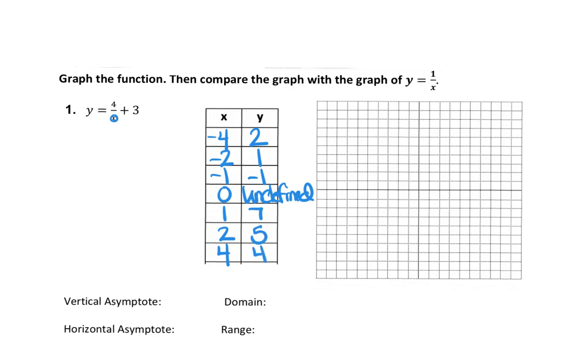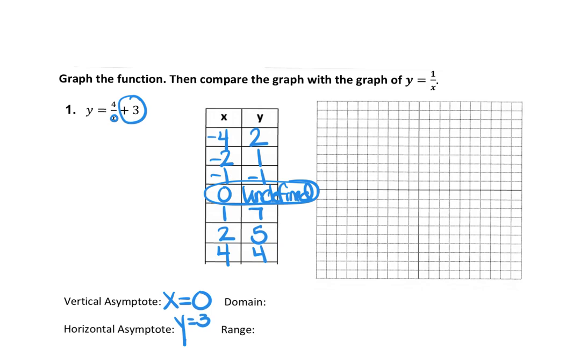So let's determine what our vertical and horizontal asymptotes are. Our vertical asymptote is x is equal to 0. Our horizontal asymptote, notice it's going to shift up 3. y is going to be equal to 3.